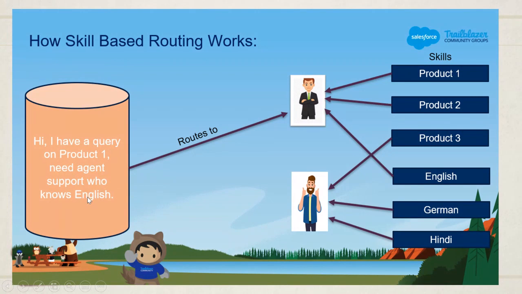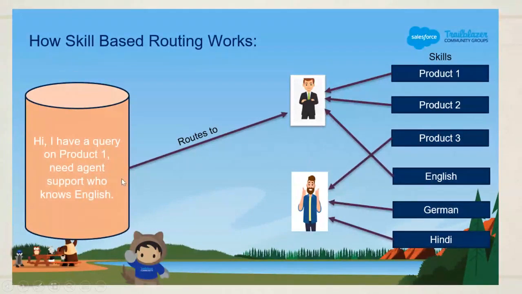Skill-based routing will pick these words and see which agent has these skills. The first agent has product 1 as a skill, the second skill needed is English, and yes, the first agent has English as well.